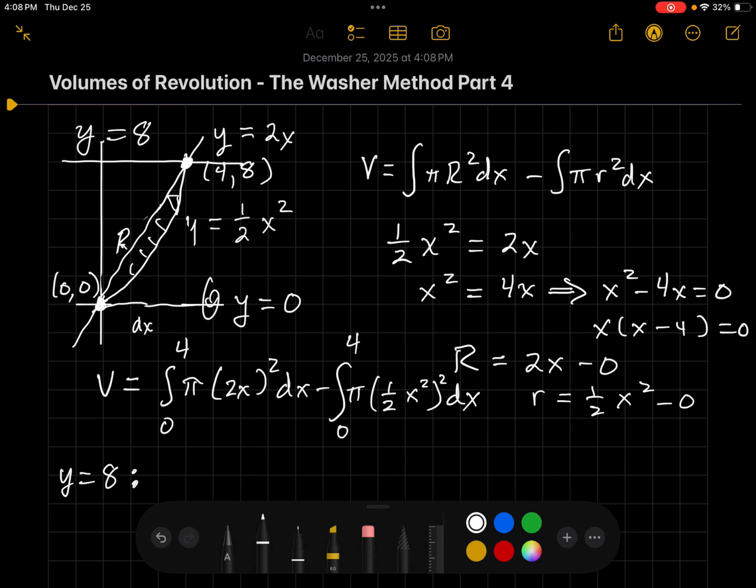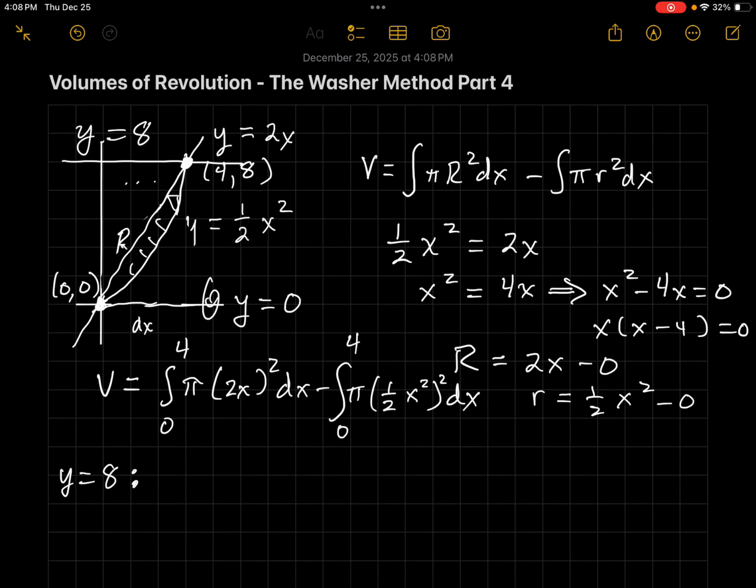And there will be 2 radii because there's some empty space up here. Big radius from the axis to the far side, little radius from the axis to the near side. And let's just go ahead and plug in down here because we're becoming experts at this. So the big radius squared, the big radius is big Y minus smaller y.